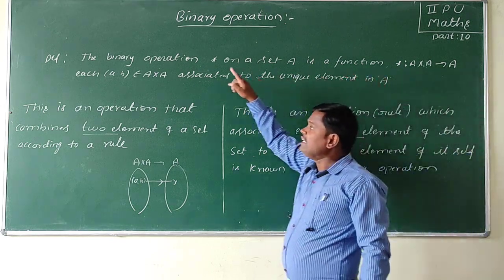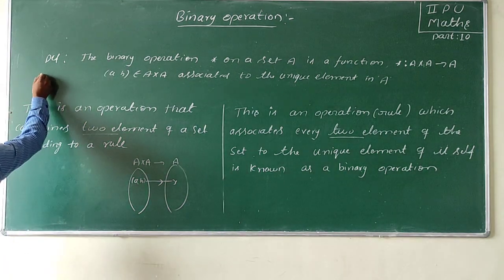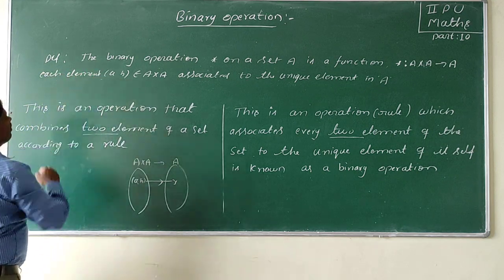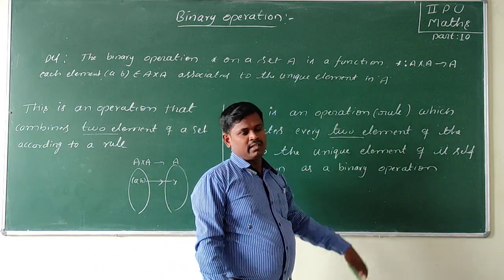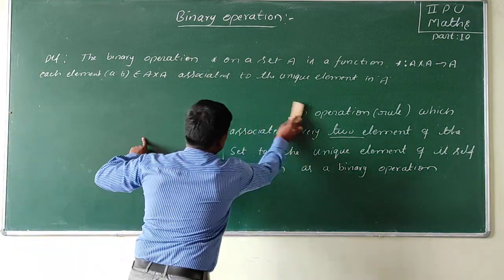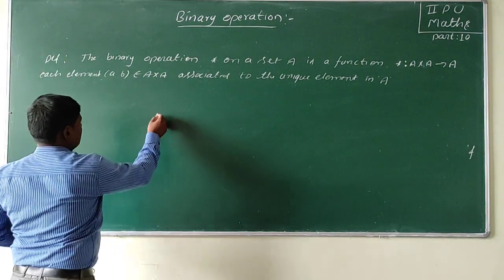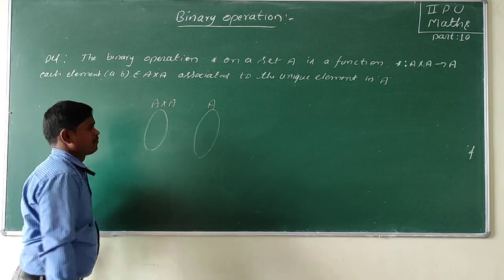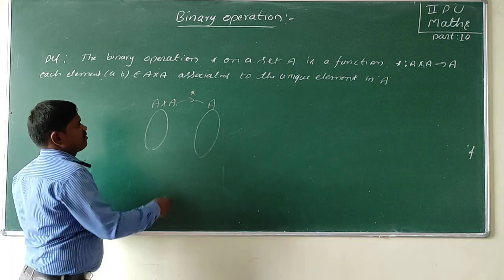That means each element (a, b) belonging to A cross A is associated to a unique element in A. Suppose this is the set A cross A, and this is the set A. This is an operation, taken as star, like a function.